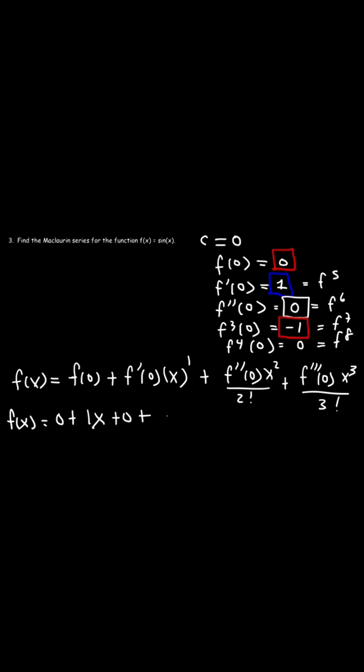So it's going to be negative x cubed over 3 factorial. And then the next term for the fourth derivative is going to be 0. And then plus the fifth derivative, so it's going to be 1 times x to the fifth over 5 factorial, and then plus 0, and then minus, for the seventh derivative, negative 1 times x to the 7th divided by 7 factorial.